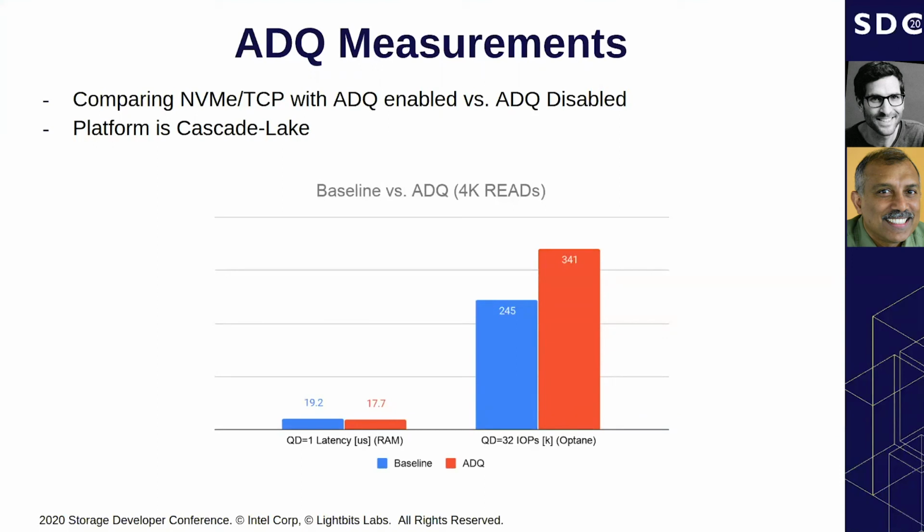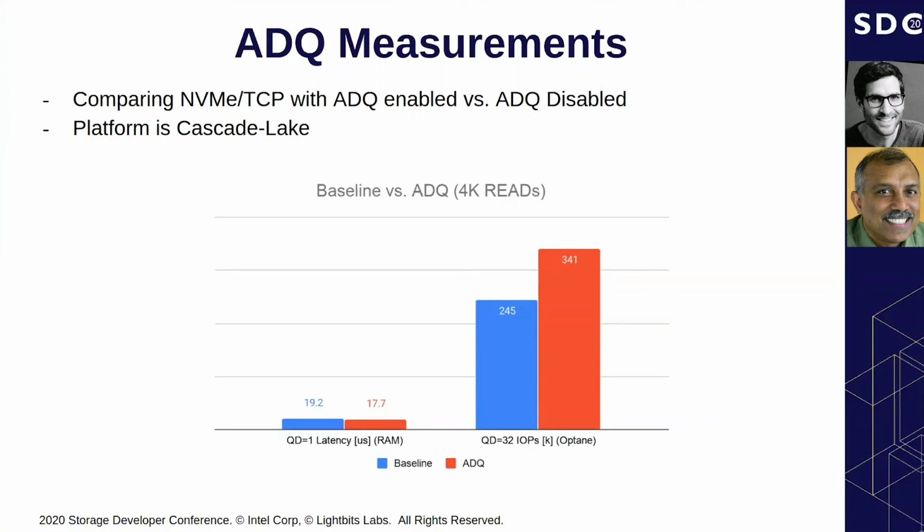And while you compare it with ADQ, for the same test it can get you roughly a couple of microseconds faster. So it's at around 17.7 microseconds.